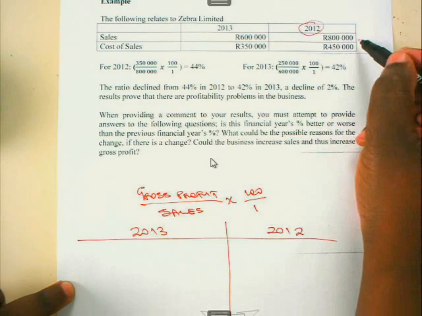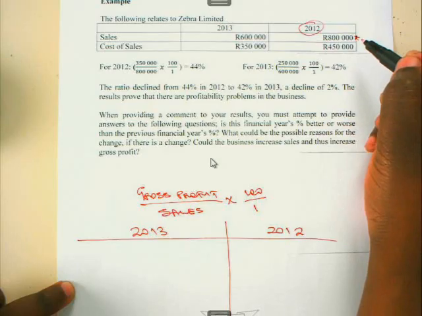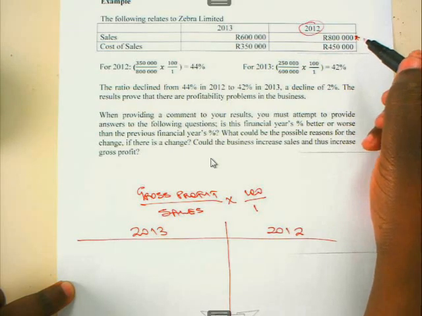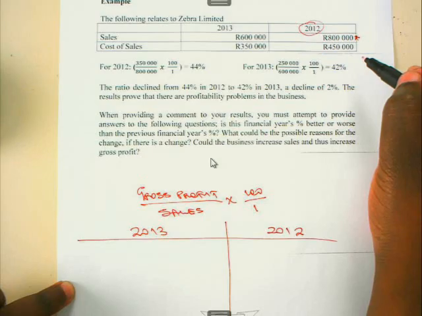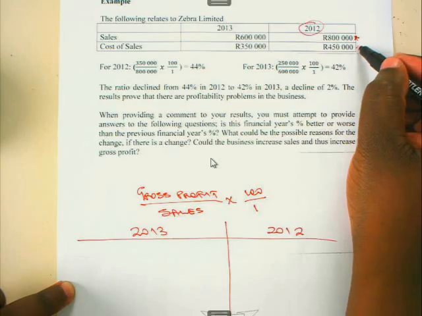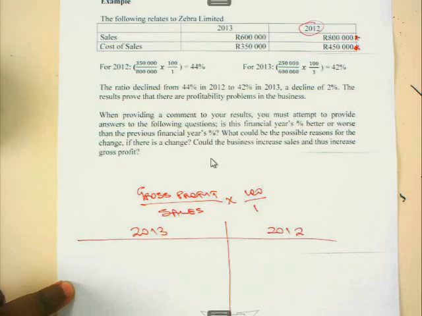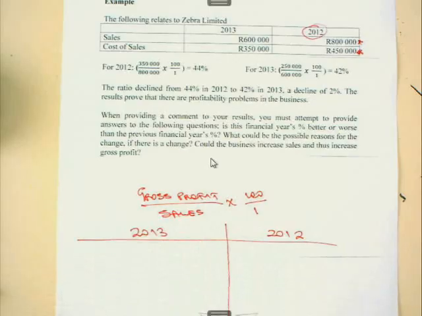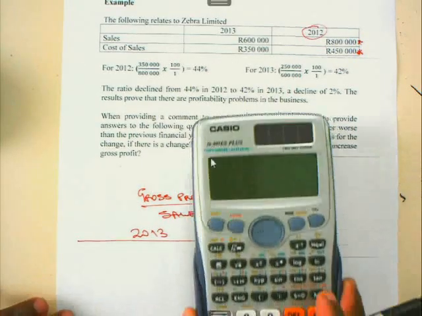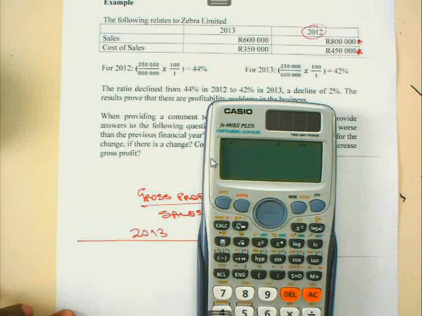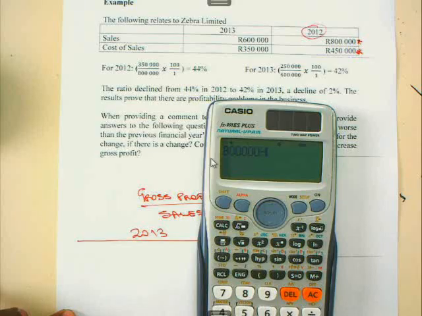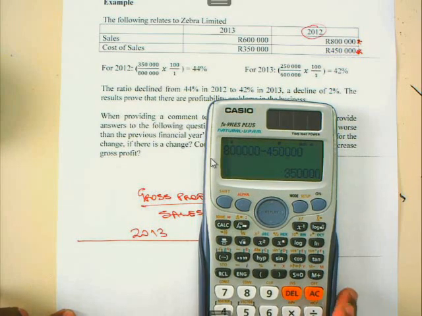You go back to the information given. Our sales is 800,000 and the cost of sales is 450,000. Now what do we want? We said we are looking for the gross profit. Our sales of 800,000, we subtract the cost of sales of 450,000. That gives us a gross profit of 350,000.